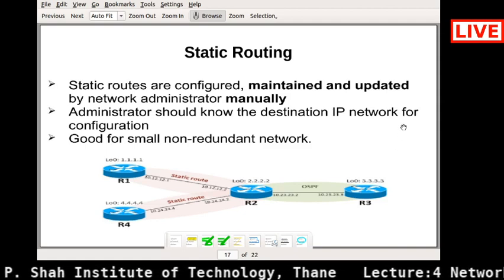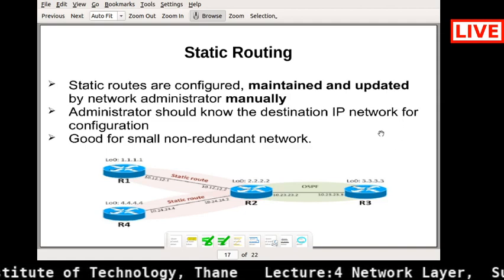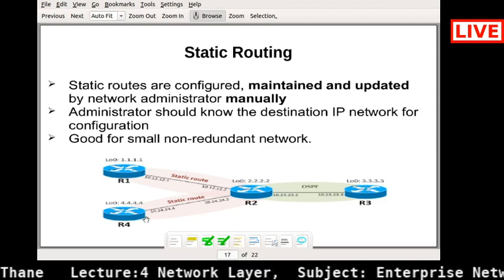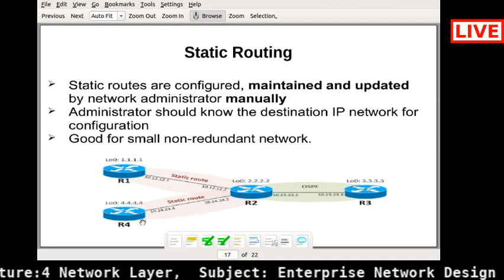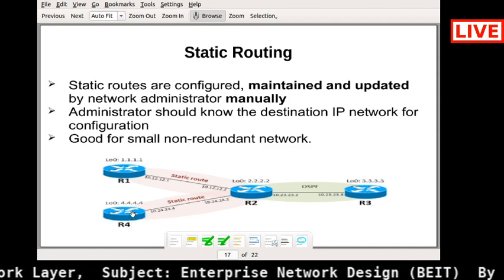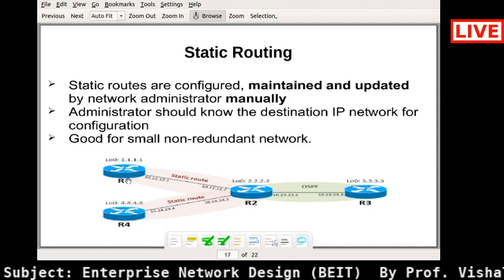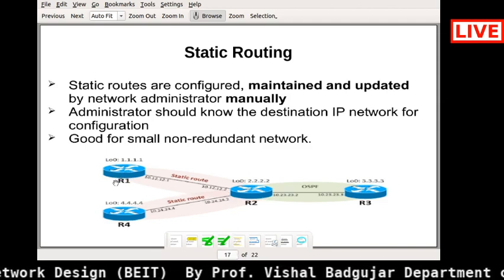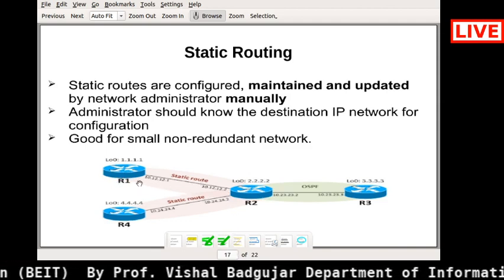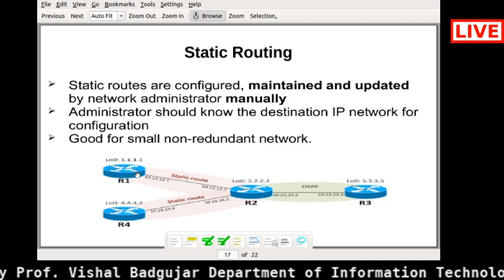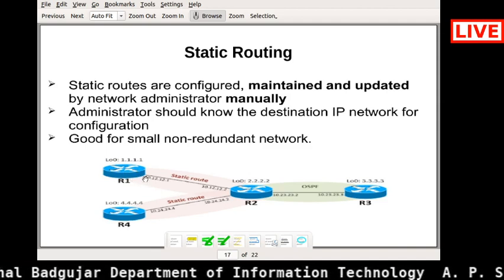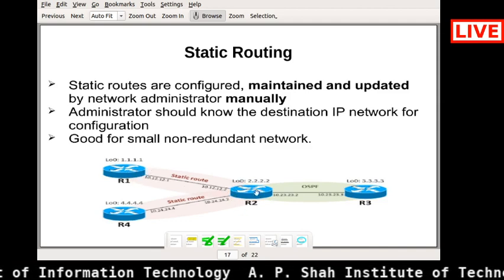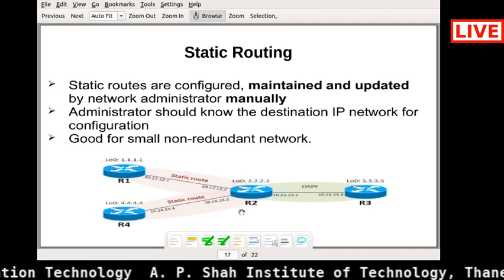If you consider this particular diagram, there are a total of four routers: R1, R2, R3, and R4. For example, I need to send a packet from R1 to R2. While sending a packet from R1 to R2, I must know the IP address or gateway address of this particular router R2.